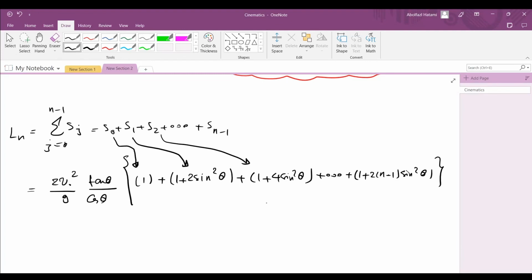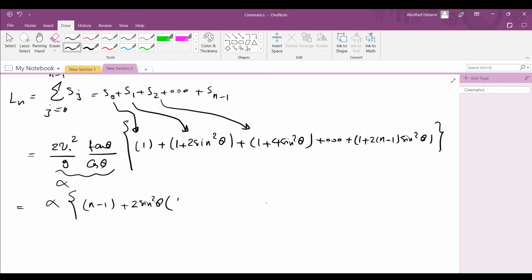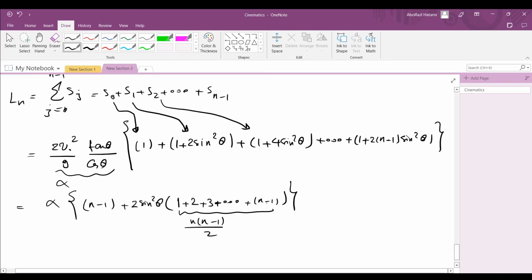So we have this term, let me call it alpha, times n minus 1 times 1, that is n minus 1, plus I can factor 2 sine squared of theta, and here we will have 1, 2, 3, until n minus 1, and this sum is just n minus 1 times n divided by 2.